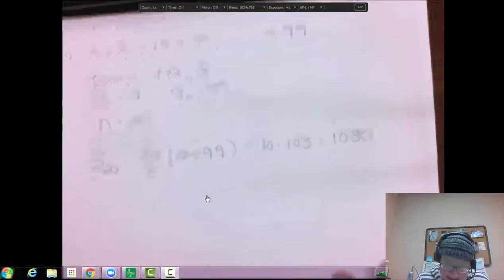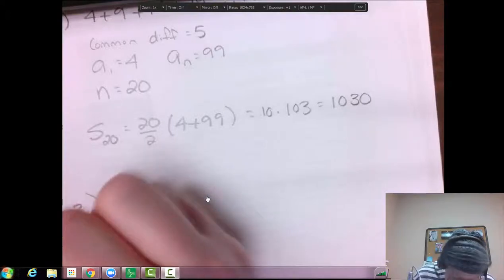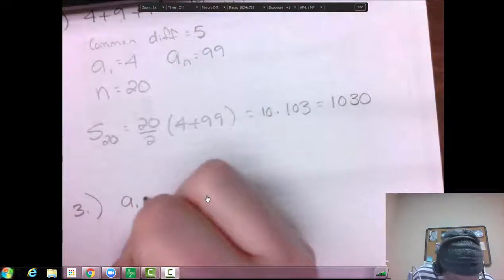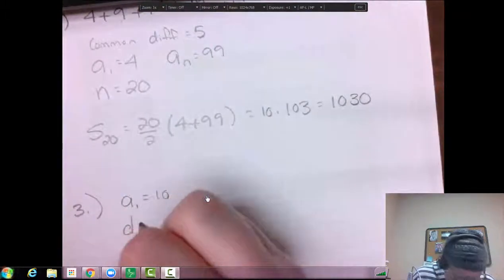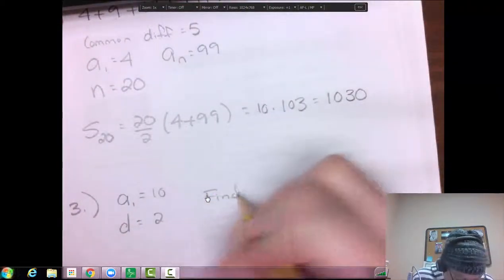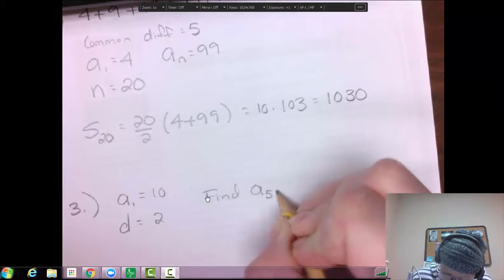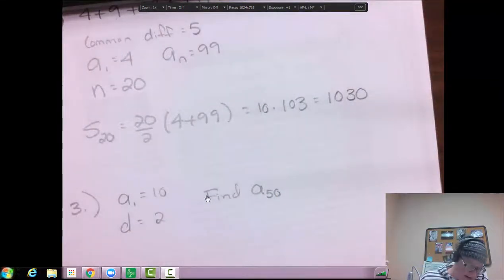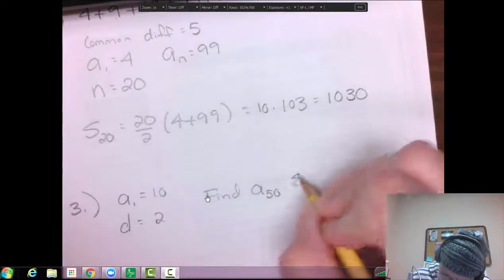Here's another way you might see them. You might just be told, okay, A1 is 10, the D is 2, find A sub 50, and then find S sub 50.